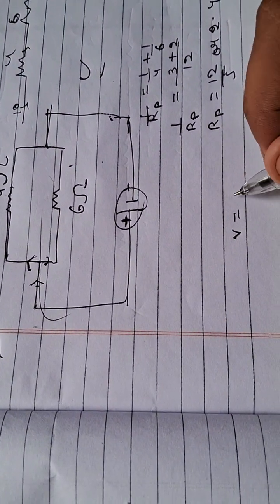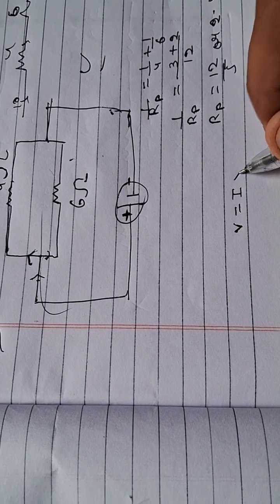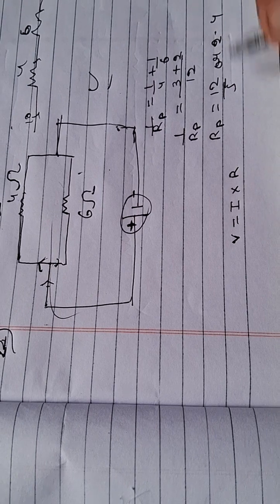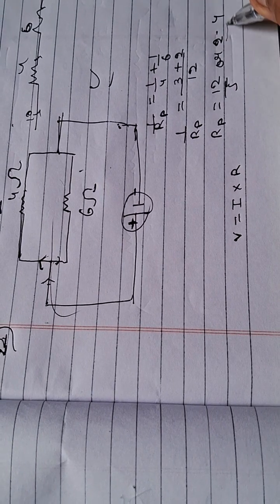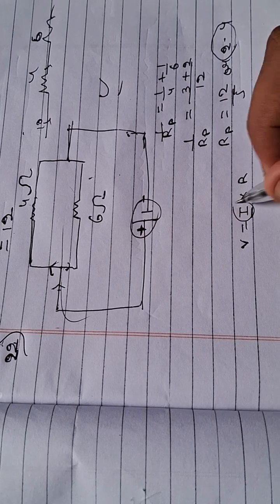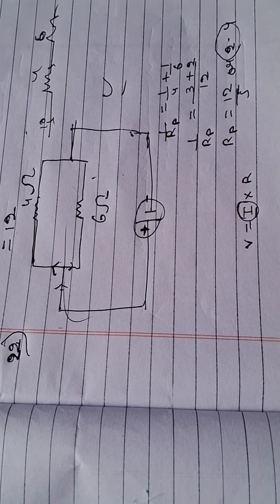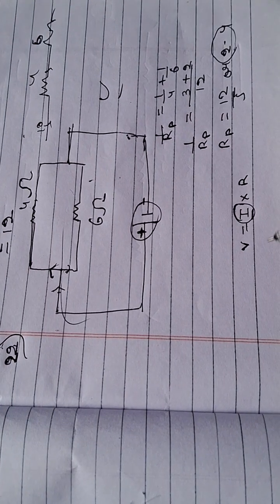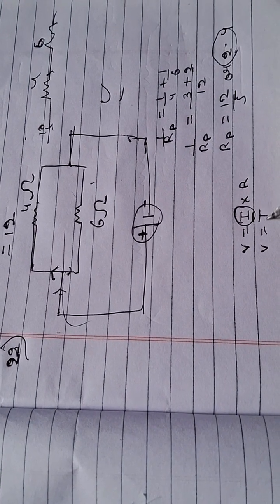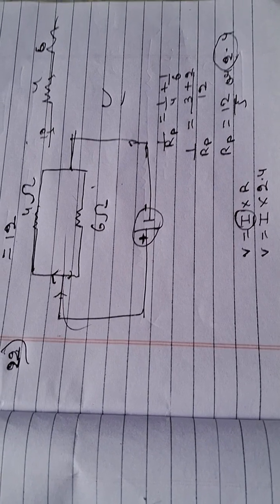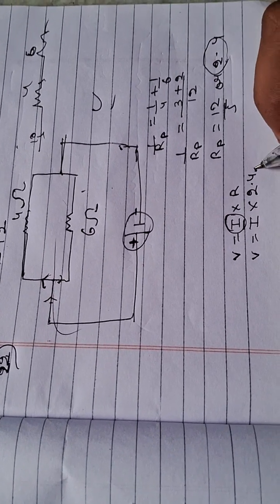So V is equal to how much? I into R. So we have to find the V. We have actually found the total resistance, and V is not given to us. So V is equal to I into 2.4 ohms.